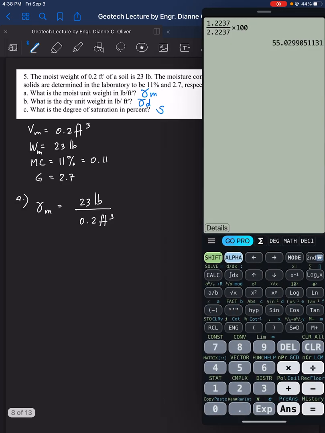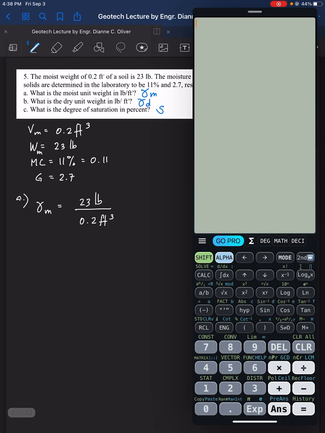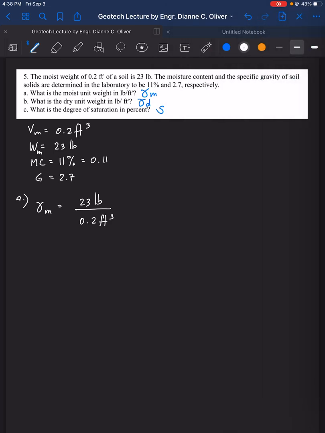So what is 23 divided by 0.2? That is 115. So gamma m is 115 pound per cubic foot.